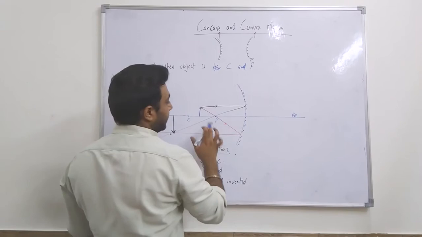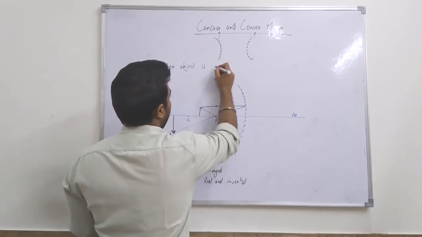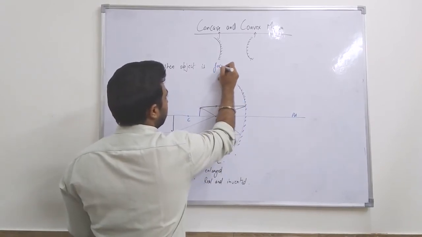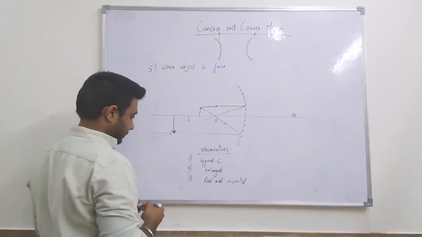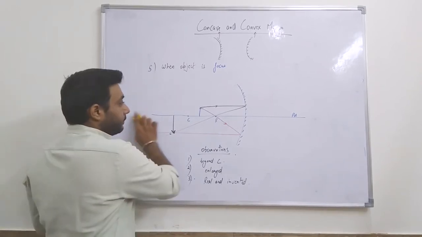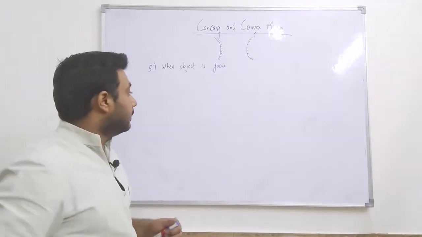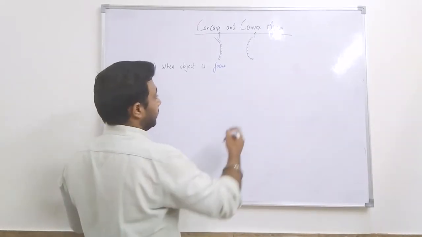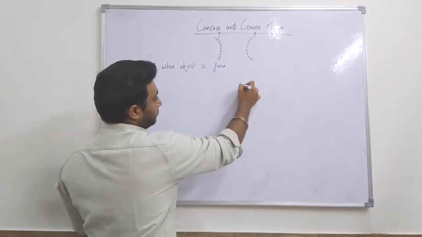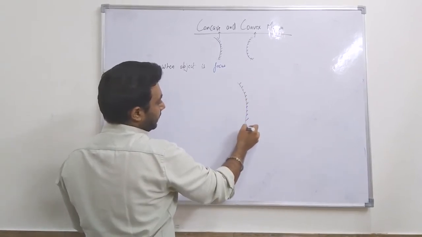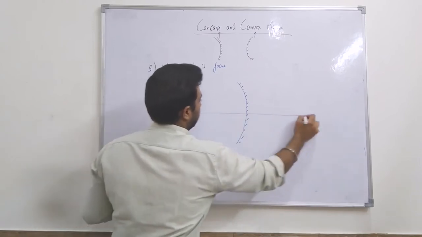Now the fifth case, second last case. The object is at focus, F. This is the concave mirror.